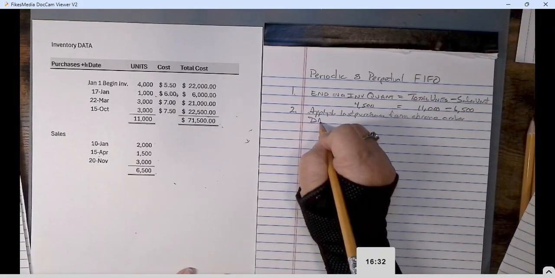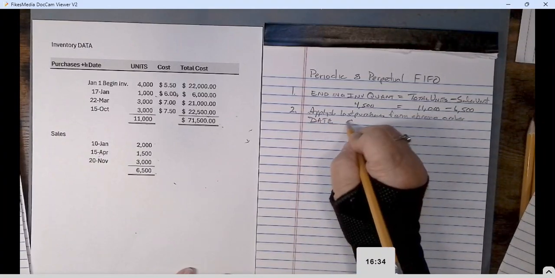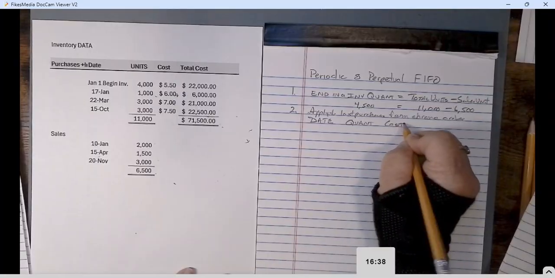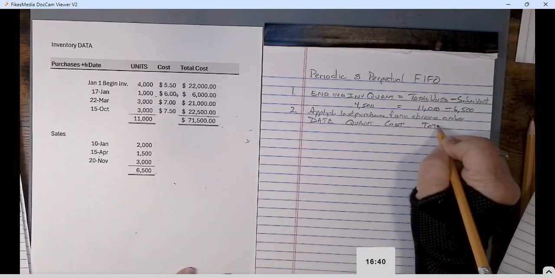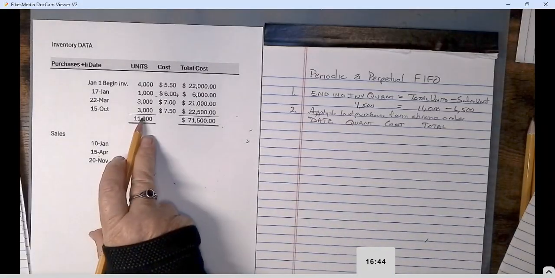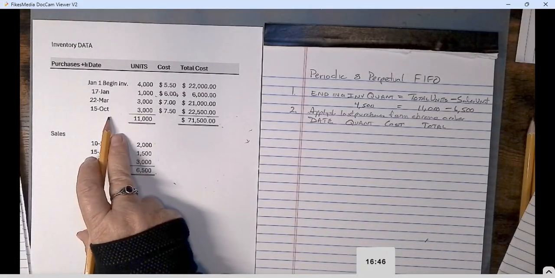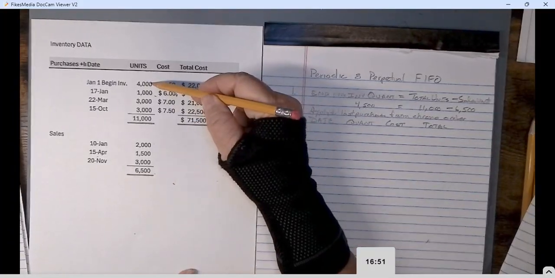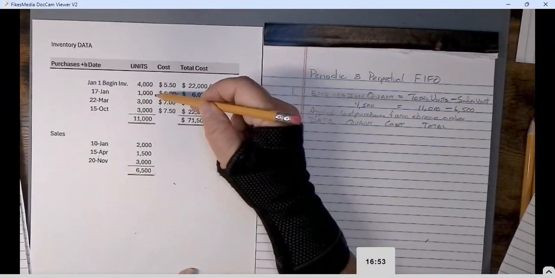Okay, so I'm using the framework date, quant, cost, and total. So I go backwards on my dates, because first in, first out means that first in, first out, these were sold.